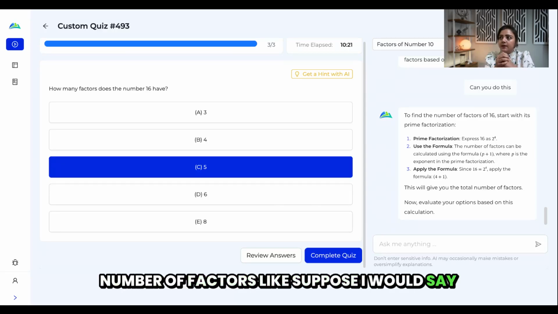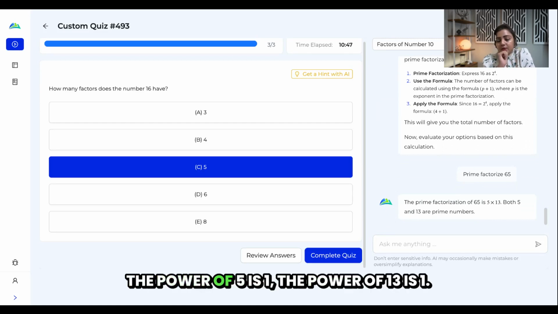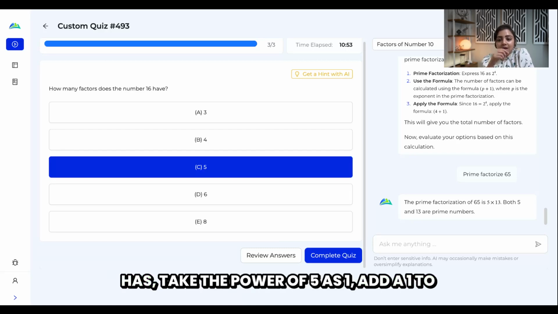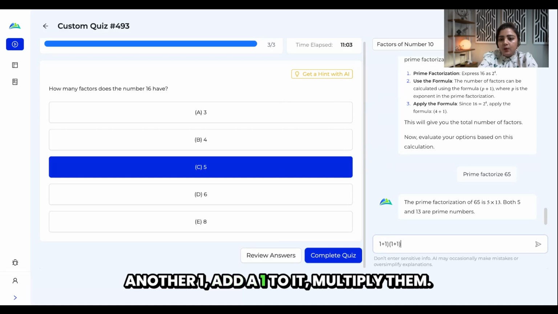Like suppose I would say 65, 5 and 13. The power of 5 is 1, the power of 13 is 1. If I have to find the number of factors 65 has, take the power of 5 as 1, add a 1 to it, take the power of 13, another 1, add a 1 to it, multiply them.